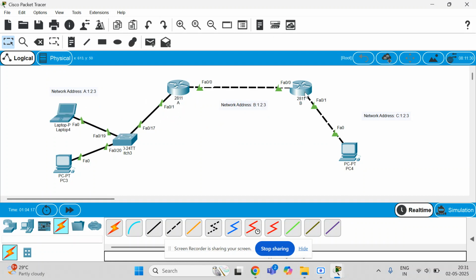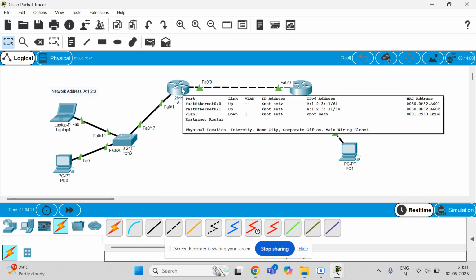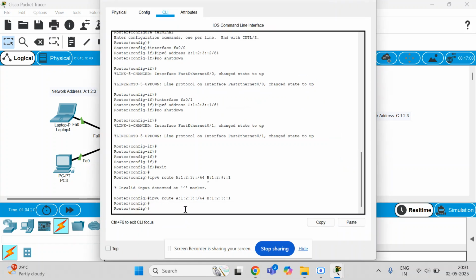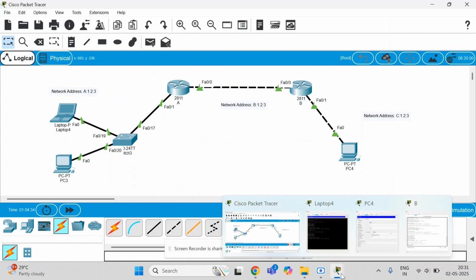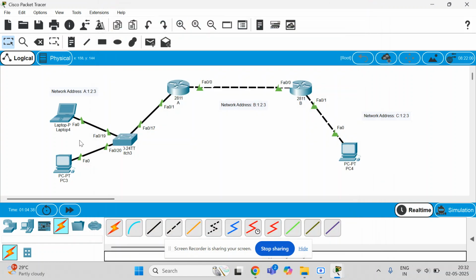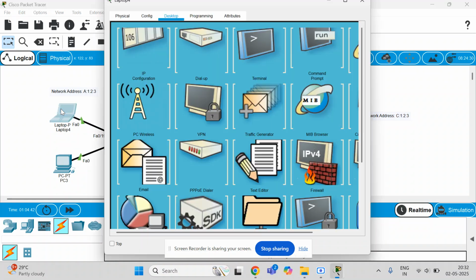Here the IP we have given for FA0/0, it is one next to this. 3 1. Okay, next hop is correct. I will check the ping from this side, this machine. Just check the gateway again.